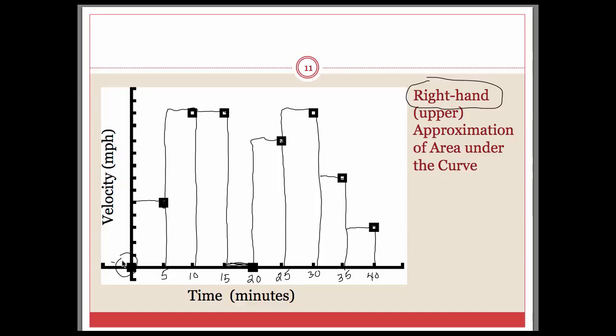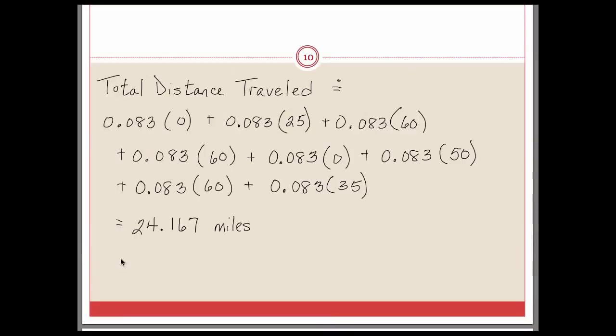But otherwise we're doing the same thing. Each rectangle in this case still has a width of 0.083. The only thing that's changing is we're using different values for the heights. That's it. So we're going to go through one rectangle at a time again. One way you could, if you wanted to, it's entirely up to you. You might have noticed back when we did this earlier problem, essentially what you have is the 0.083. You could factor that out as a common factor and then just add up the sum of all of the heights, that would be perfectly good to do.